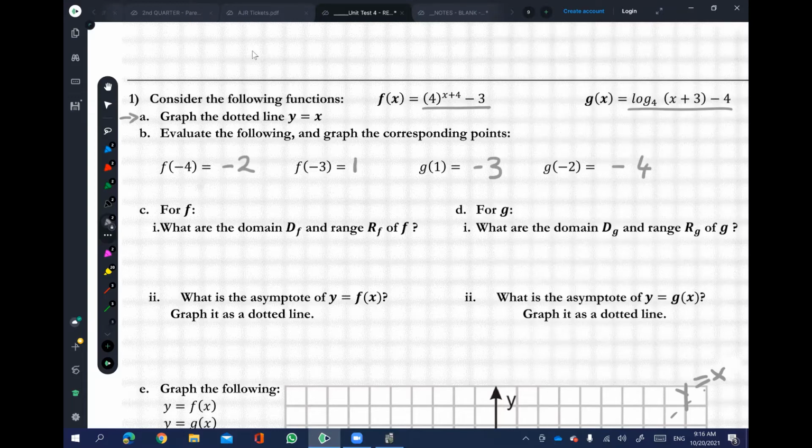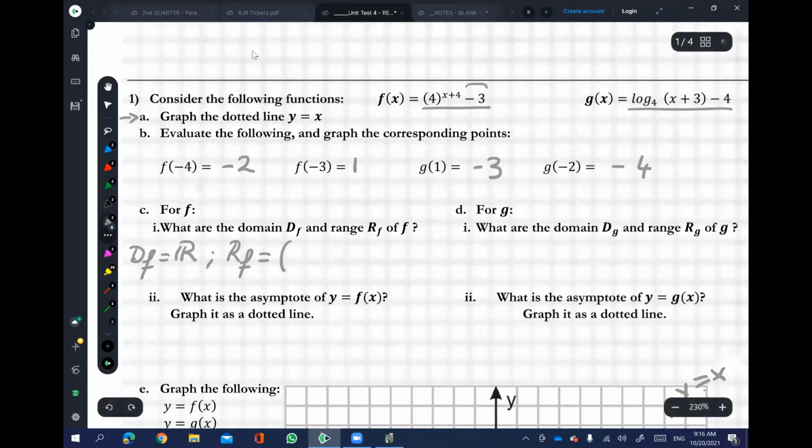Now, what are the domain df and range rf of f? Well, f of x is an exponential function, so automatically the domain would be all real numbers. The range will start at k, sorry, which is -3.